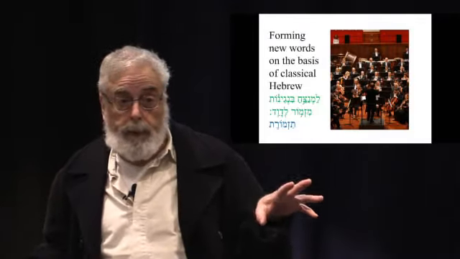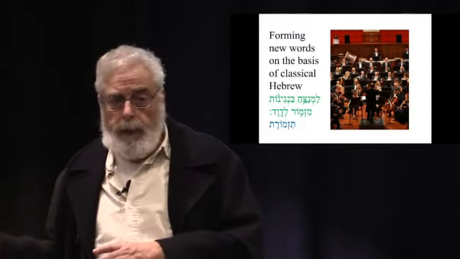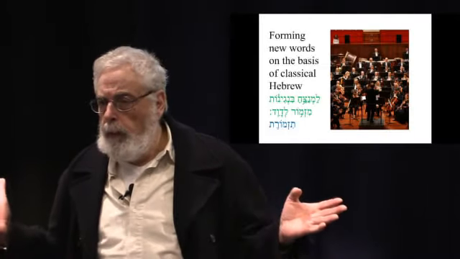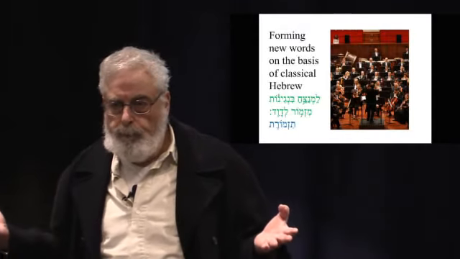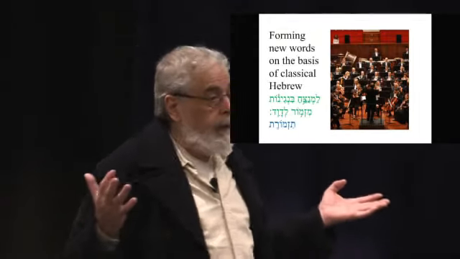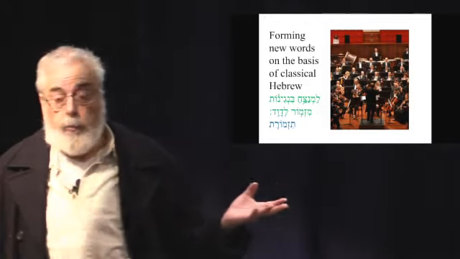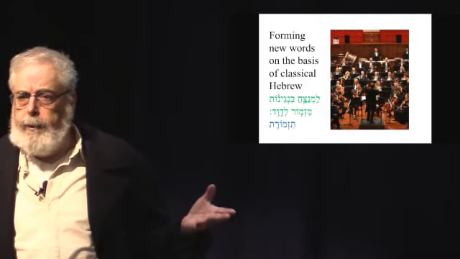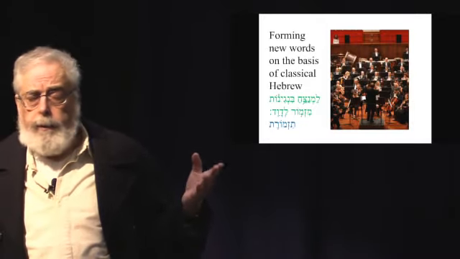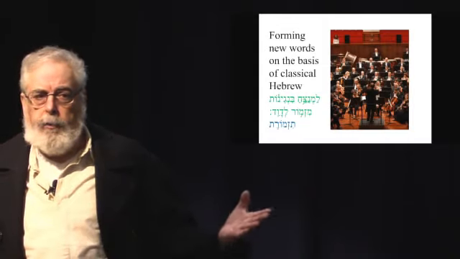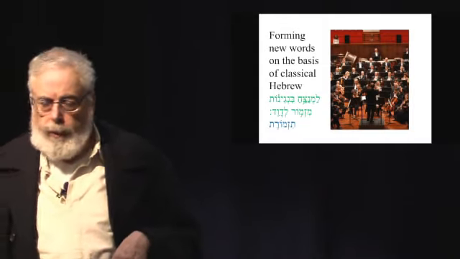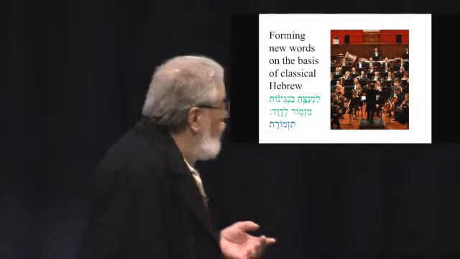You take a pattern that is used in ancient Hebrew and connect it, and you have a new word. Now, most of the new renewed words in Hebrew are in this system, taking the old pattern and root and combining it together to a new word.